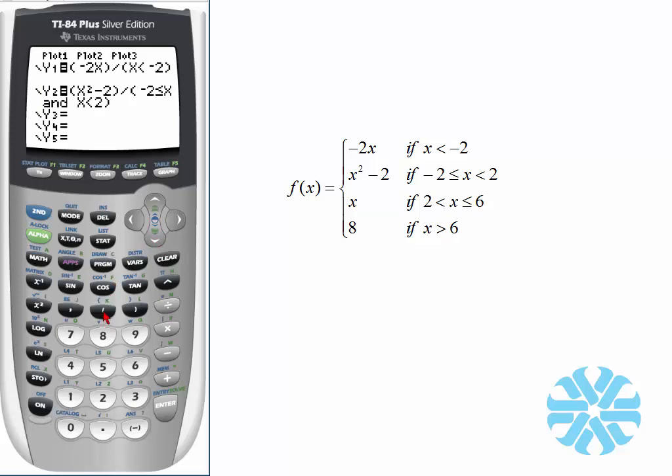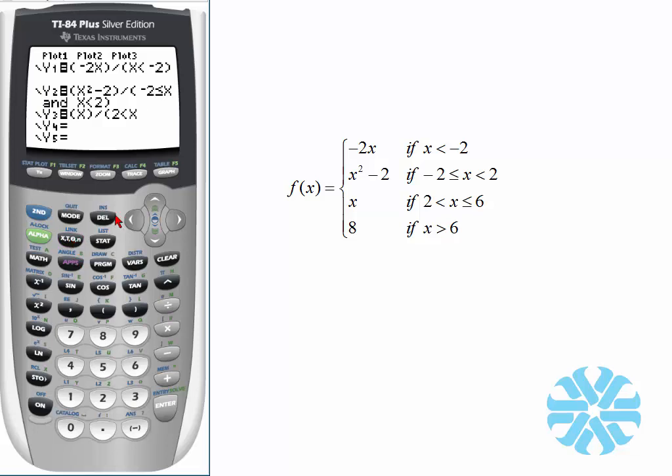So this function is just x, and notice that the x is inside the parentheses. We're going to separate it with a division symbol. And again, we have a compound inequality. So we're going to follow the same steps as we just did. So we start out with a left-hand parenthesis, and we want 2 second function math less than number 5, the variable x.